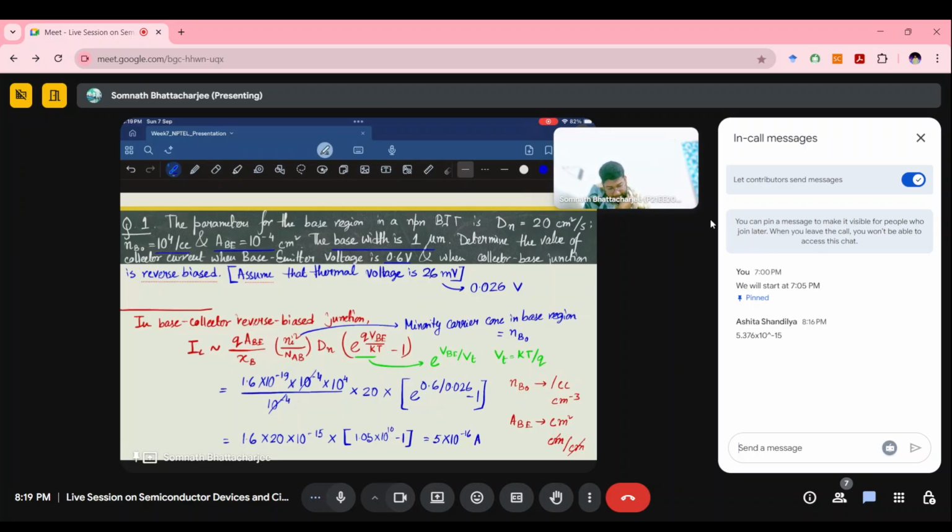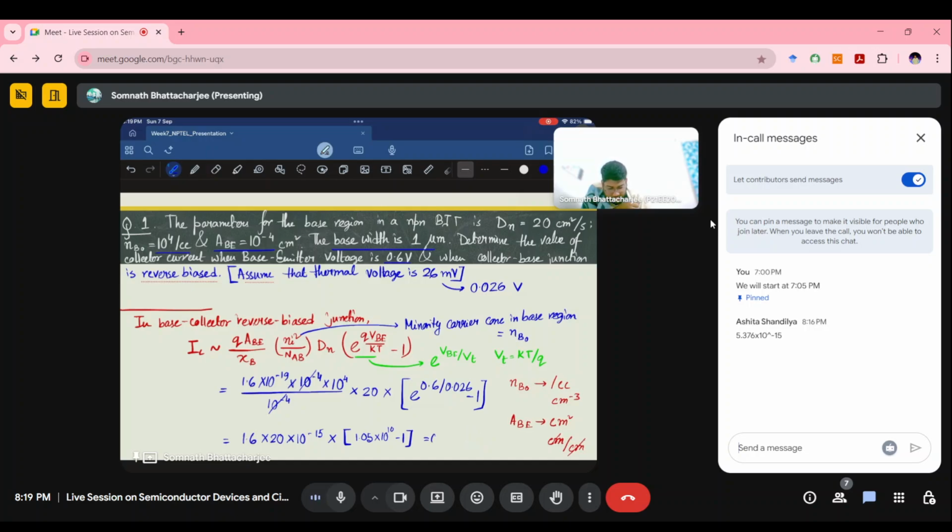So that's why we'll just do this. Multiply it with 1.6 into 10 to the power of minus 15. Okay, so now it looks like a good answer.